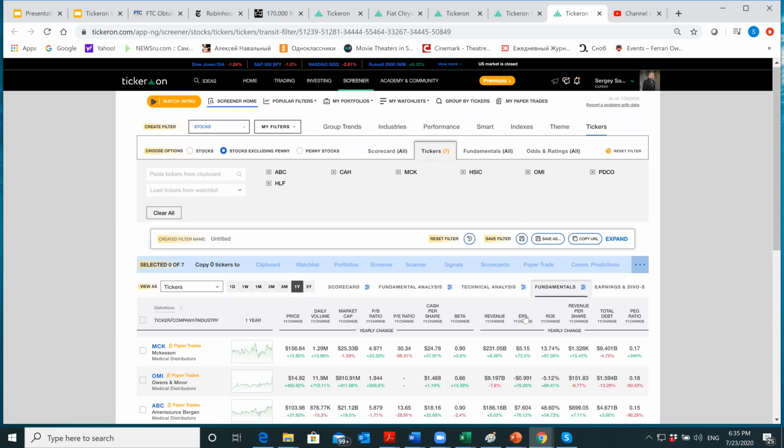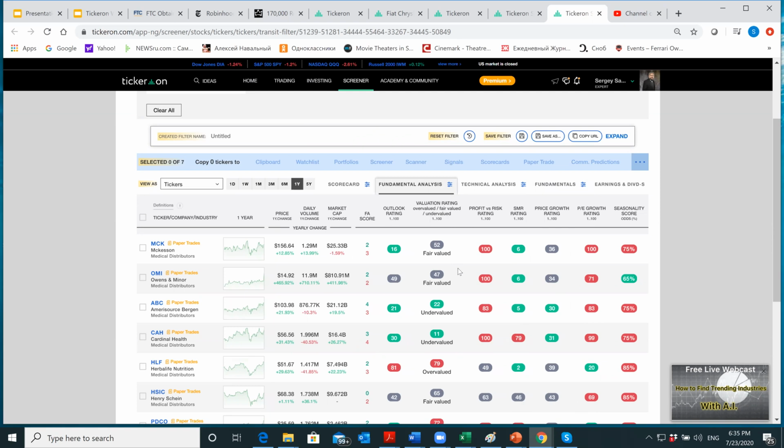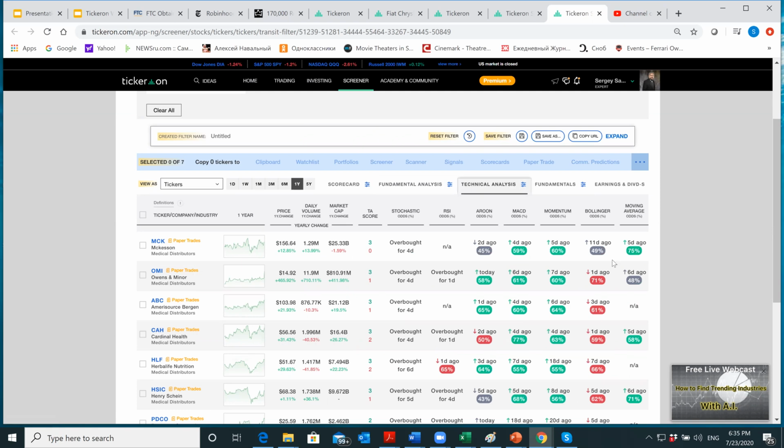And these are your fundamentals, which you have no clue about, I bet. But our fundamental analysis gives you all the parameters you need to look at from a fundamental perspective. If you want to look from a technical perspective, here it is. So let me tell you briefly what it means.